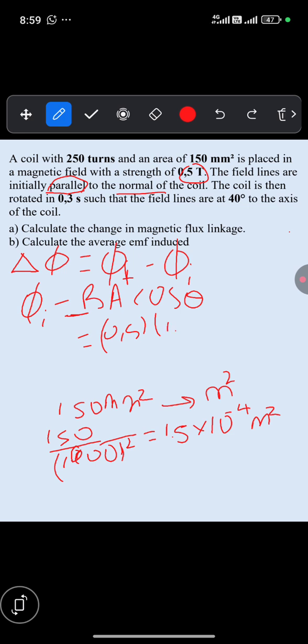So I put 1.5 times 10 to the power negative 4. Then cos of, they said it is initially parallel to the normal. So normal parallel is 0. No trick about it, so theta is 0.